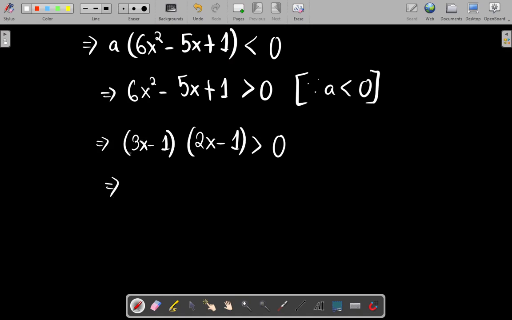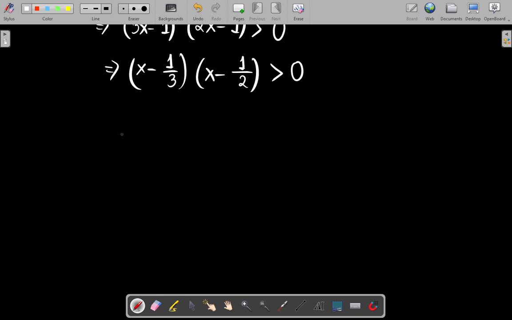So if I take 3 out of here and if I take 2 out of here, this becomes x minus 1 upon 3 times x minus half is positive. So if product of two numbers is positive, this implies that x must be smaller than this smaller number, or x must be larger than this larger number, right? 1 by 3 is smaller than half.